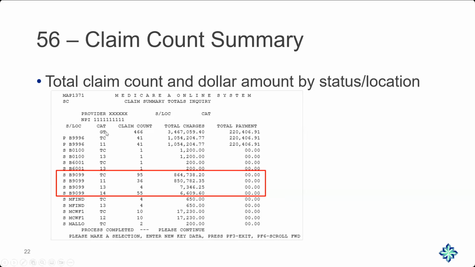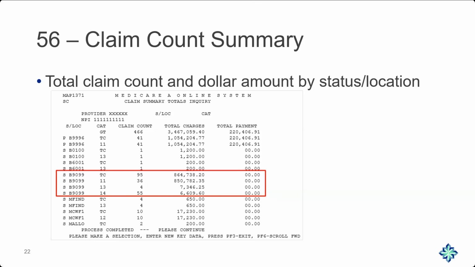Right below that, GT stands for grand total. So grand total for this pretend provider, they have 466 claims listed. So grand total claim count 466.